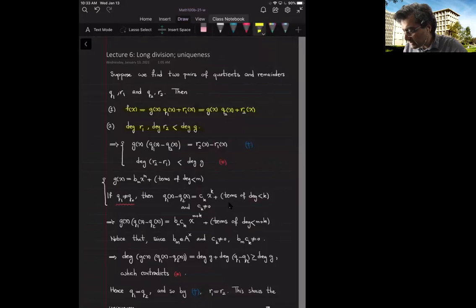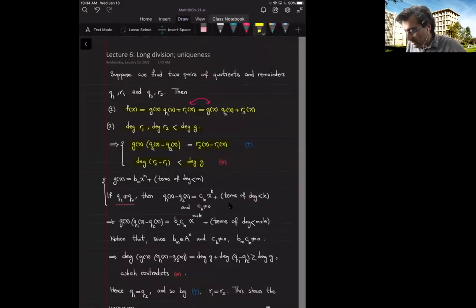Let's manipulate these, bring this guy to the other side and so on. That way we end up getting that g times this difference is the same as this difference. Now, because r sub i's have degree less than degree of g, their difference is going to have degree strictly less than degree of g.